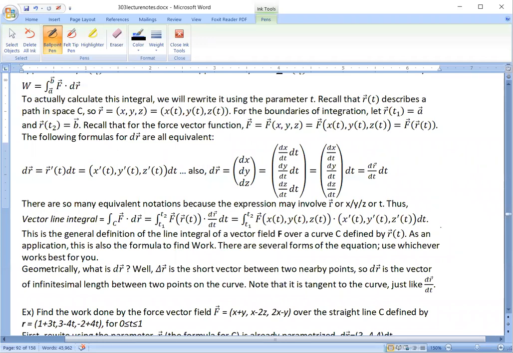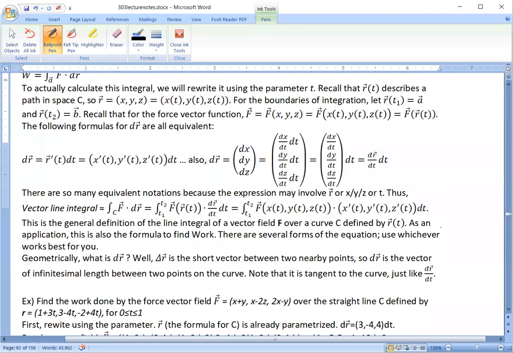In order to write down our vector line integral, we're going to need our parameterizations. The parameterization for C is already given. Now we can write down the parameterization for vector field F. Oh, sorry, and we'll also need the parameterization for dr. So dr, we know, is just dr/dt, dx/dt, dy/dt, dz/dt times dt.